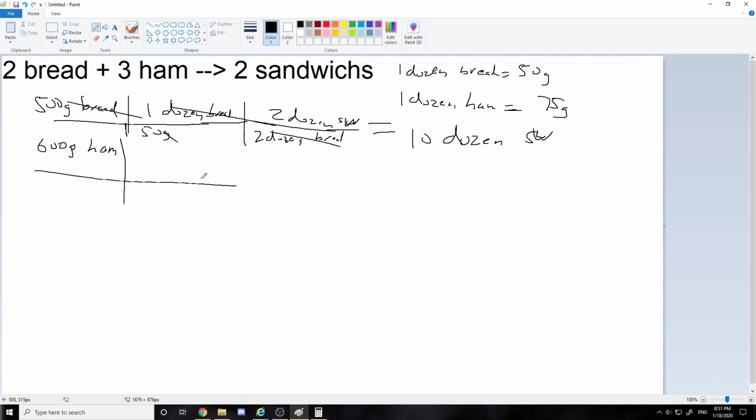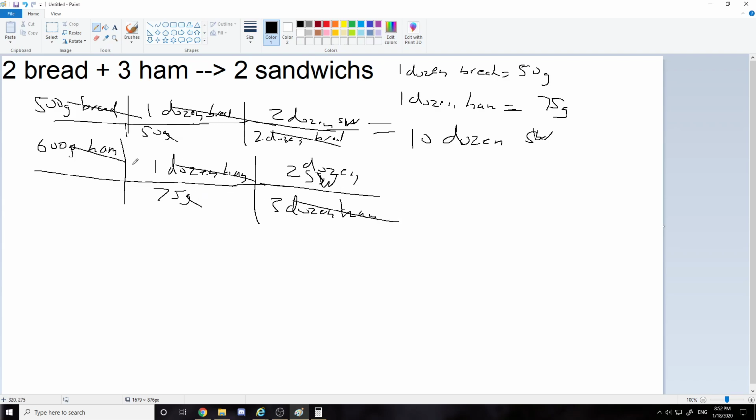From our supply of ham, how many sandwiches can we make? Well, we know for every 75 grams of ham, we have 1 dozen slices of ham. And we know for every 3 dozen slices of ham, we make 2 dozen sandwiches, sorry.